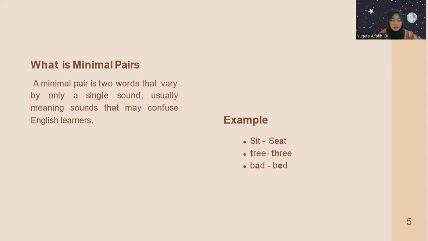In other words, we have a sound in our head and it manifests in different ways. It is shorter before voiced sibilants, and the standard consonant occurs elsewhere. For example, sit, tree, bad.